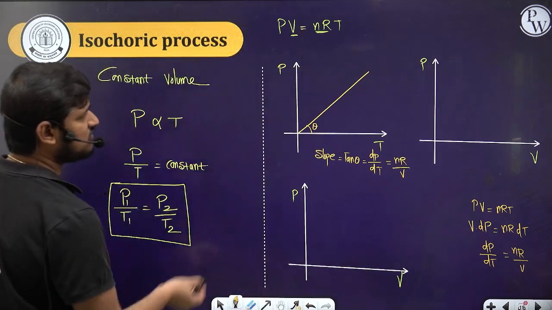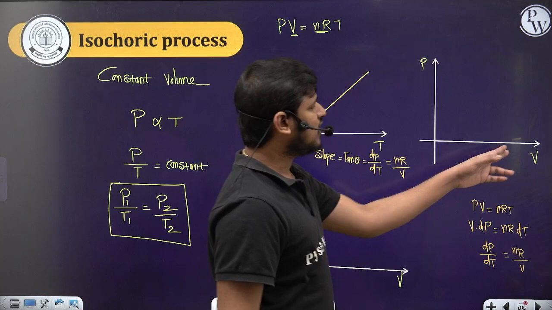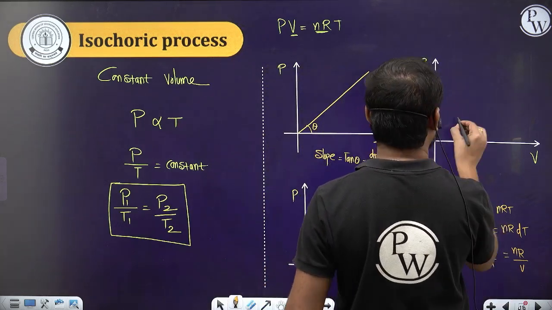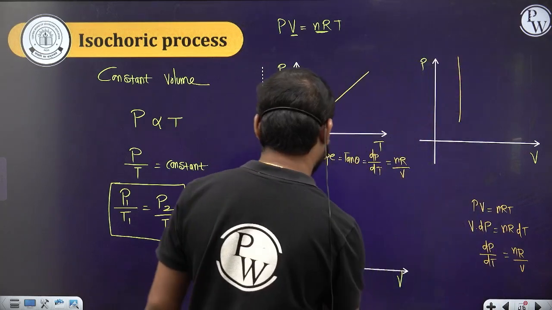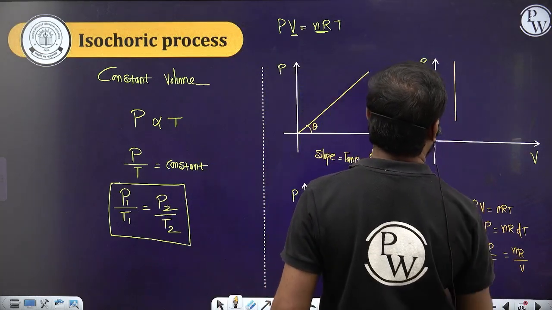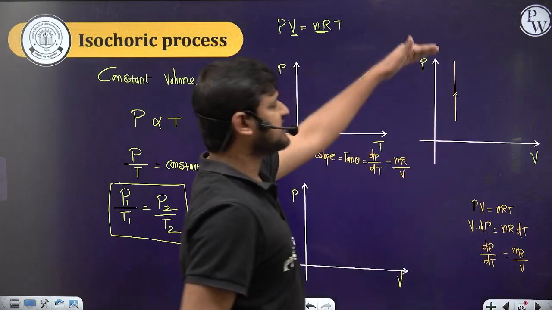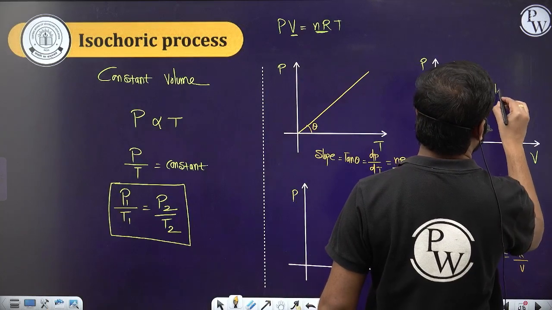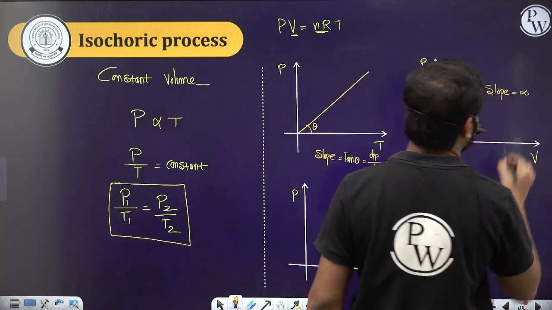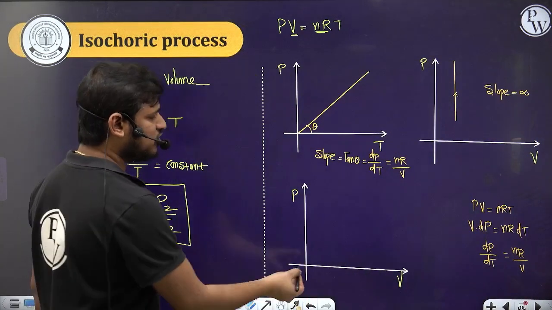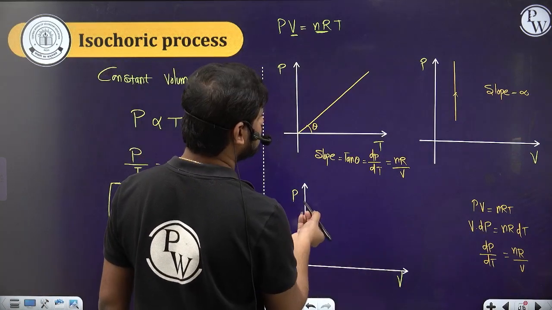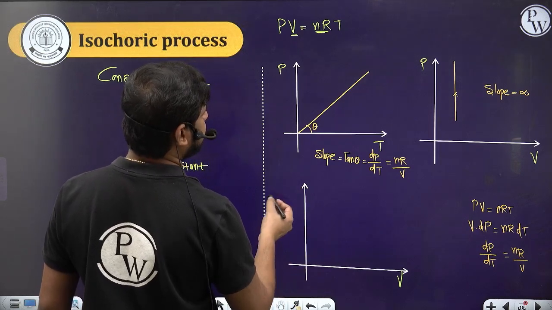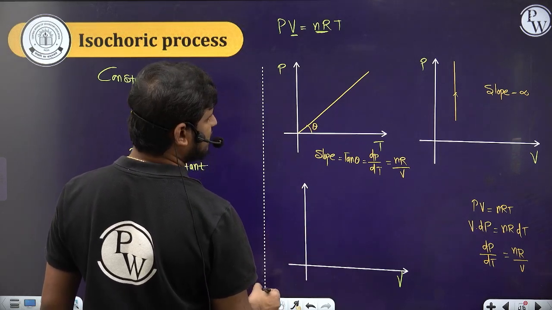Next, the pressure versus volume. The volume should be constant and the pressure changes like this, as the pressure increases or decreases. Here the slope is infinity, tan 90. Now volume versus temperature.